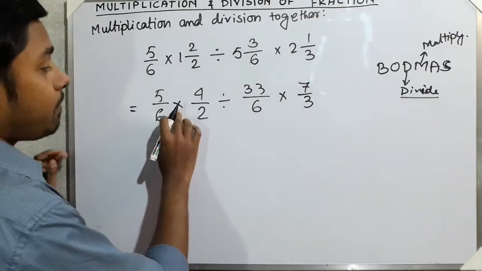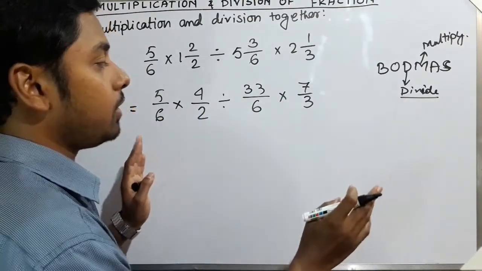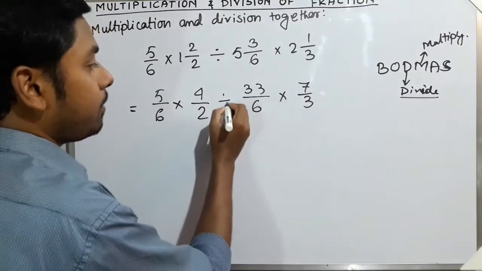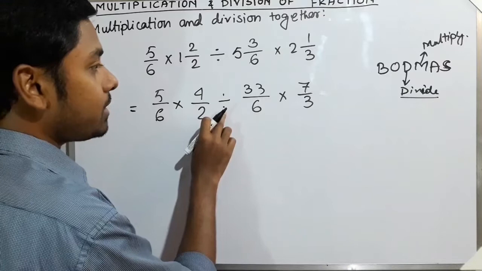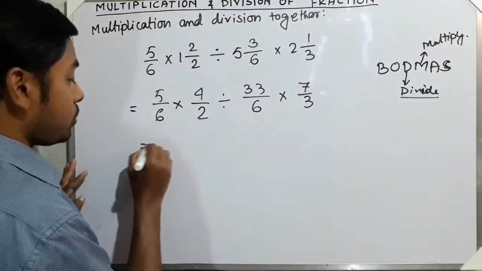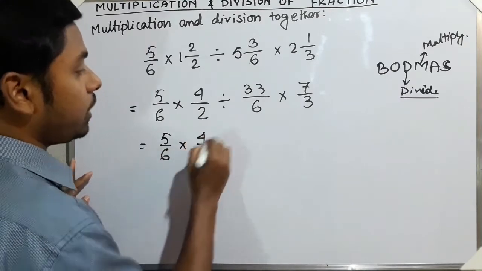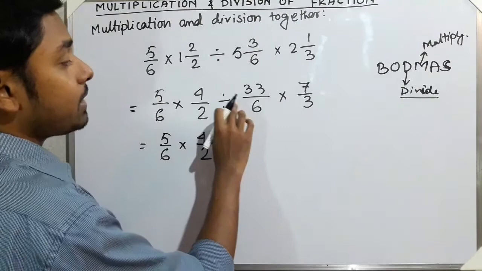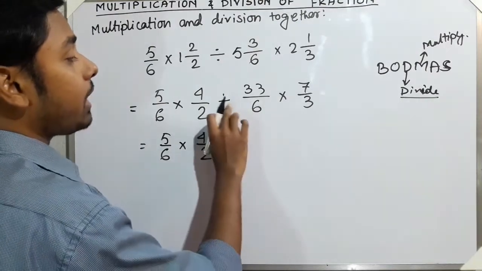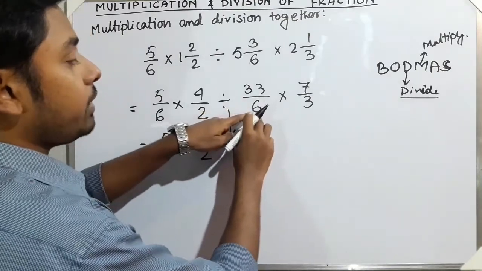Okay, now this multiply and this multiply will be the same as it is, and first of all you have to change this divide sign into multiply. So first of all 5 by 6 into 4 by 2. Now this division sign we are changing into multiply. That means the fraction which is lying after this division sign, only this fraction will be reciprocal.